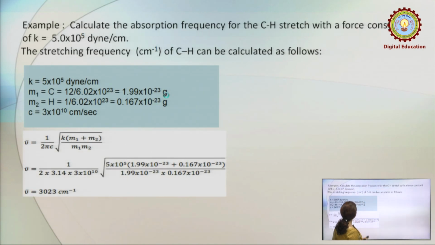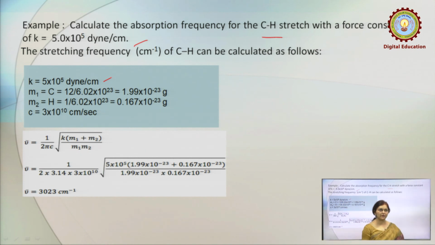Now, with the help of this example, we are going to calculate the vibrational frequency of the CH stretch with the force constant given there. Since CH is bonded by a single bond, we put the value of K as 5 into 10 to the power 5 dynes per centimeter.